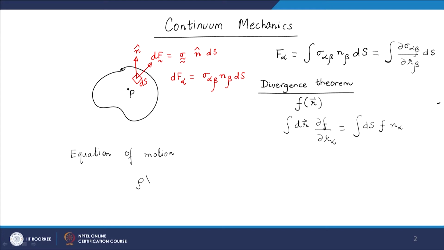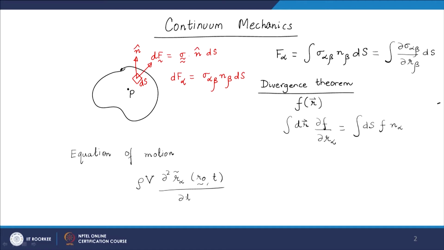The density multiplied by volume is the mass, and the acceleration can be written as the current position as a function of previous position, the second derivative of that, and this must be equal to the forces acting on this, which can be the forces due to the stress that we talked about and the forces due to gravity or other body forces which are present in the system.